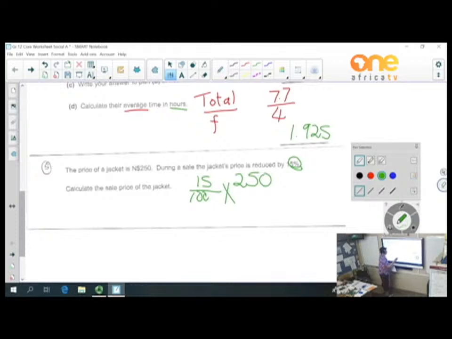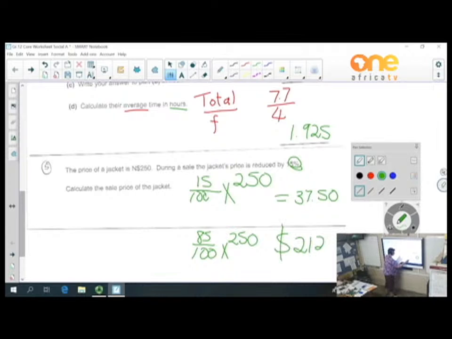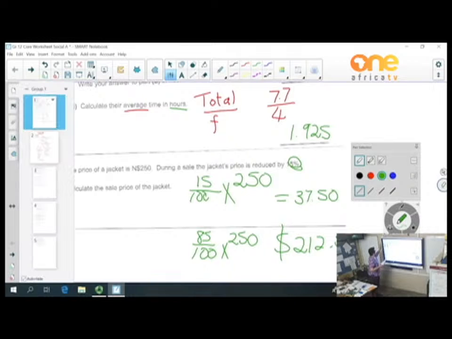So we can also say 85% of 250, and then you'll also get it. So I get here that the reduction is $37.50, and then if I subtract the 2, my final answer is $212.50. $212.50 for that one. Right. The next one.